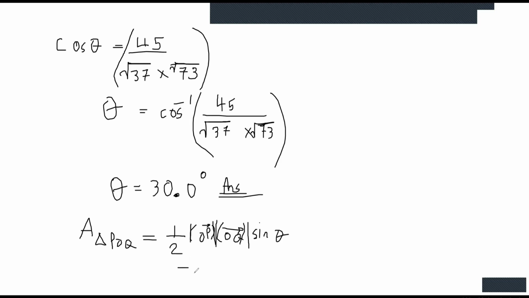So that would work out to be a half of the magnitude of OP, root 37, times the magnitude of OQ, root 73, times the sine of theta. Theta is 30 degrees. Sine 30. You put that in the calculator.